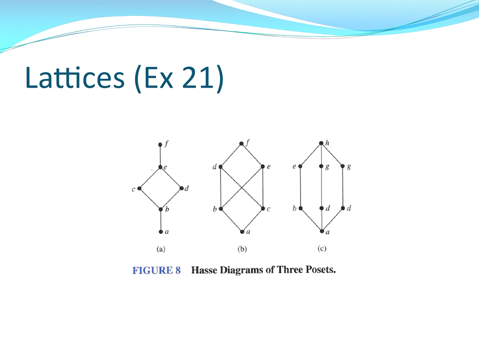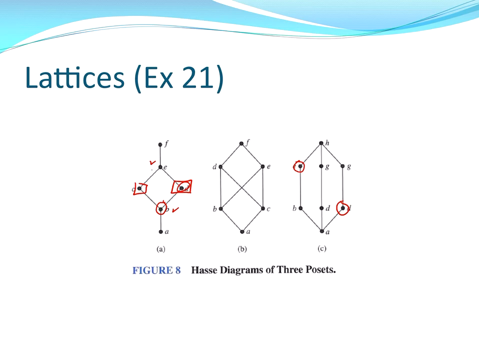Here I have 3 Hasse diagrams for different posets, and for the left one, every pair of elements will have a least upper bound and a greatest lower bound that are the elements themselves, except if I have C and D, then the least upper bound will be E and the greatest lower bound will be B. Diagram C is also a lattice because every pair of elements will have a least upper bound and a greatest lower bound.